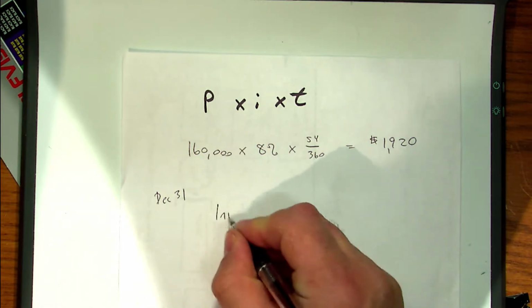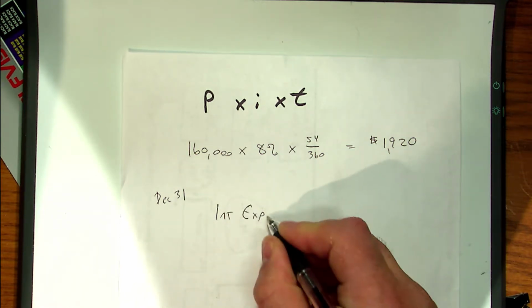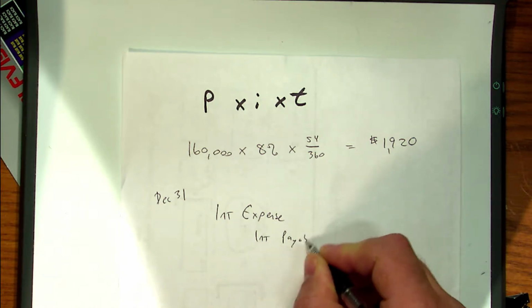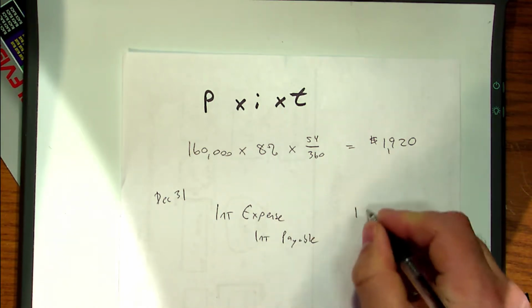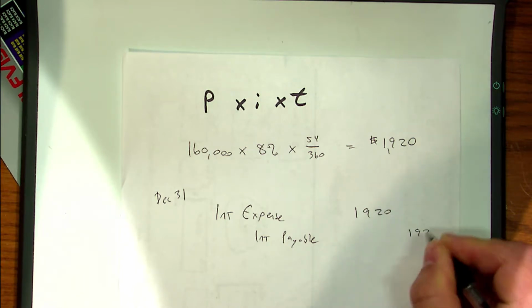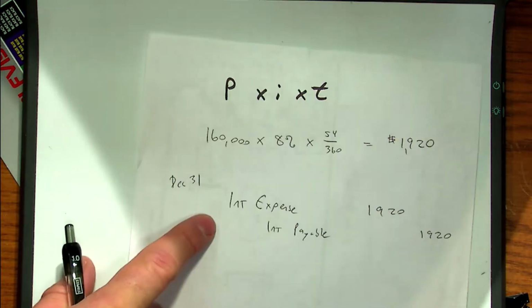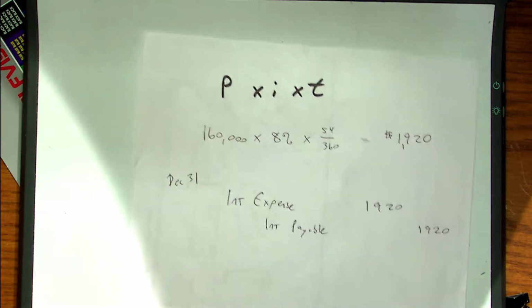So we're going to book a journal entry. We're going to debit interest expense and credit interest payable for 1920. Is that correct? And isn't that the second thing they asked us to do? They wanted us to figure out the accrued interest and then prepare the journal entry to record that on December 31st of 17. This is an AJE, right? That's chapter 3, correct?